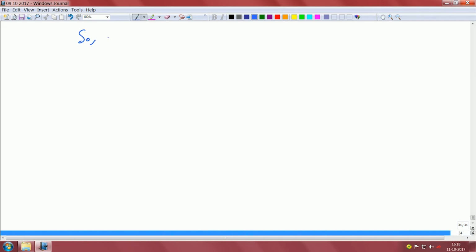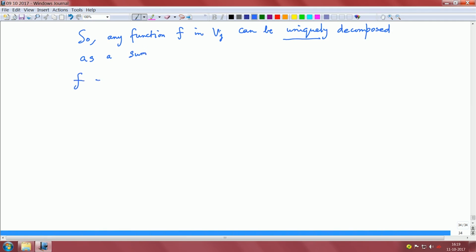So, any function f in Vj can be uniquely decomposed as a sum, where now these are signals, I just use some w like this, wj minus 1, this is not a space but a function, right.